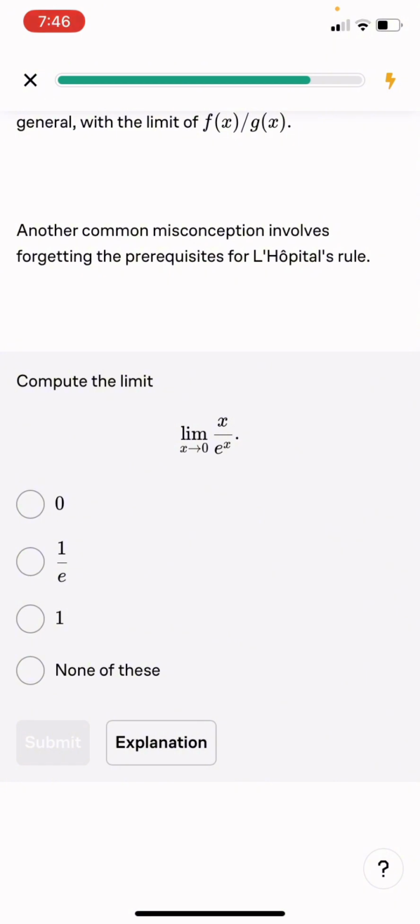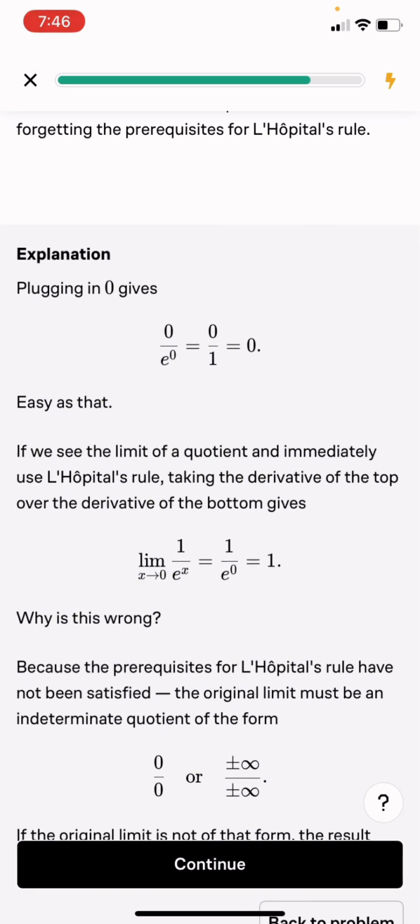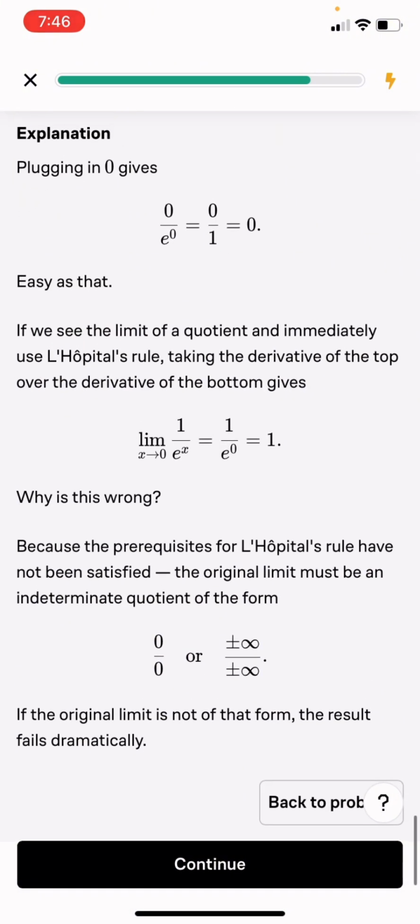I think the limit is 0. Now, L'Hopital's: plugging in 0 gives 0 over e to the 0, which equals 0 over 1, which just equals 0. Easy as that. Suppose we see the limit of a quotient and immediately use L'Hopital's rule. Taking the derivative of the top over the derivative of the bottom gives the limit as x goes to 0 of 1 over e to the x, which equals 1 over e to the 0, which equals 1.